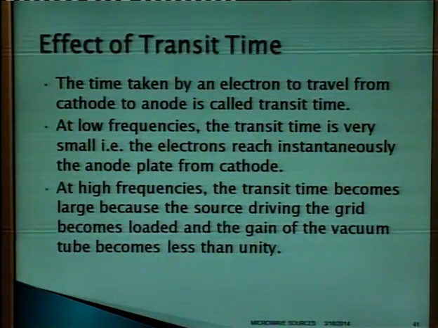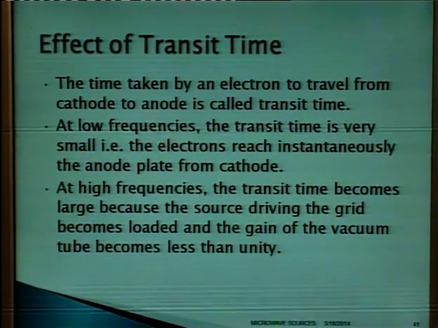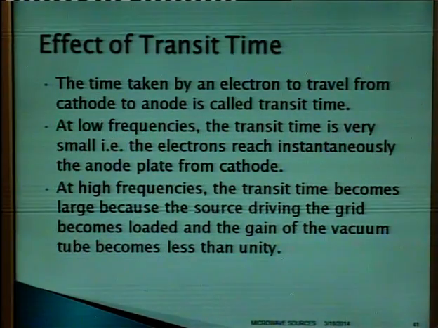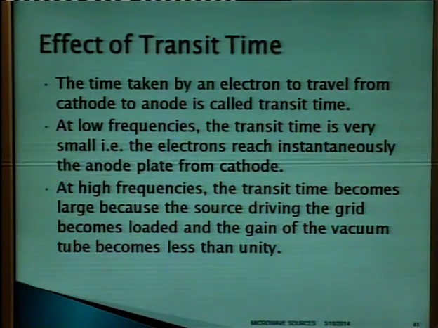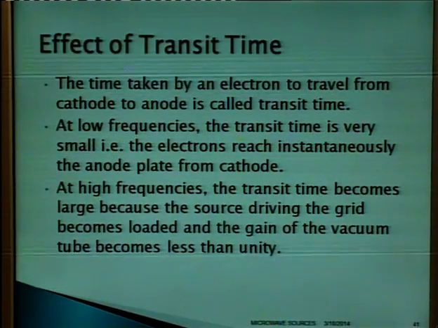The next effect is transit time. The definition of transit time is the time taken by an electron to travel from cathode to anode. This time is called transit time.